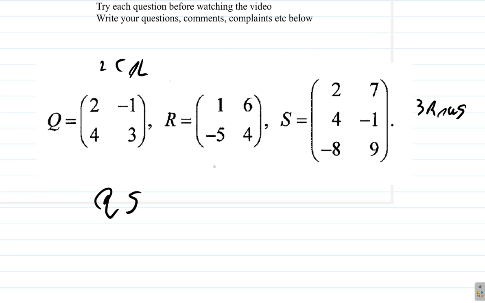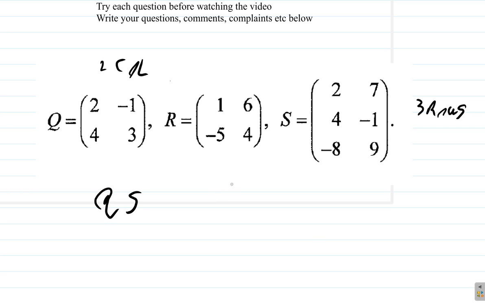So you're going to state that Q has 2 columns, S has 3 rows. The number of columns in the first matrix is different from the number of rows in the second matrix.